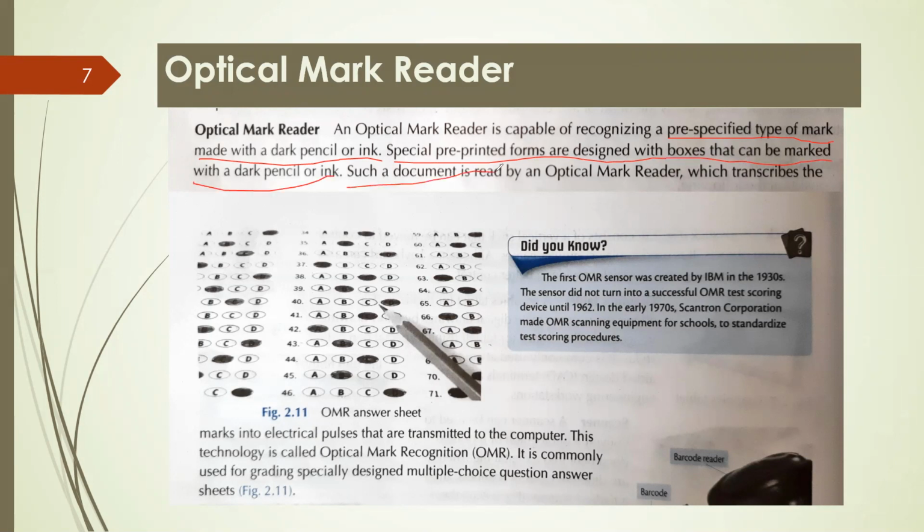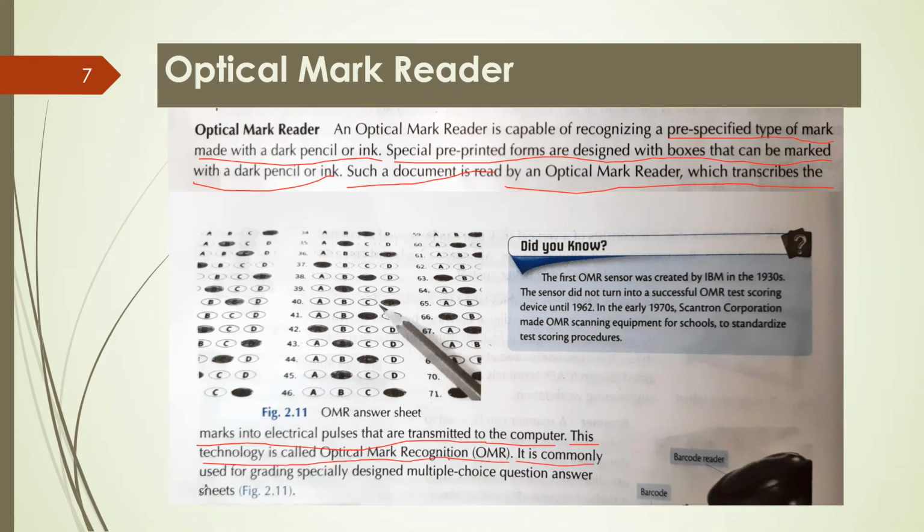Such a document is read by an optical mark reader, which transcribes the marks into electrical pulses that are transmitted to the computer. This technology is called optical mark recognition, OMR.